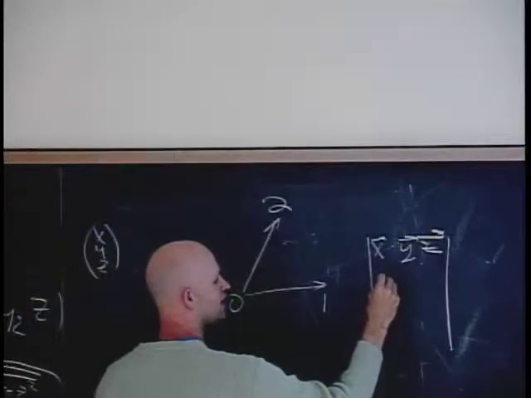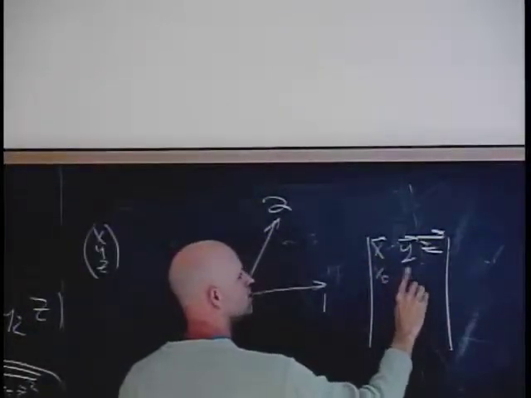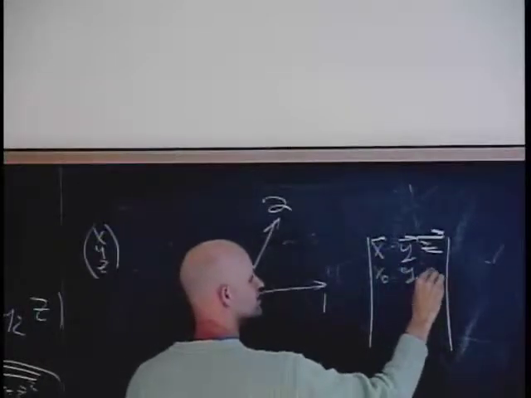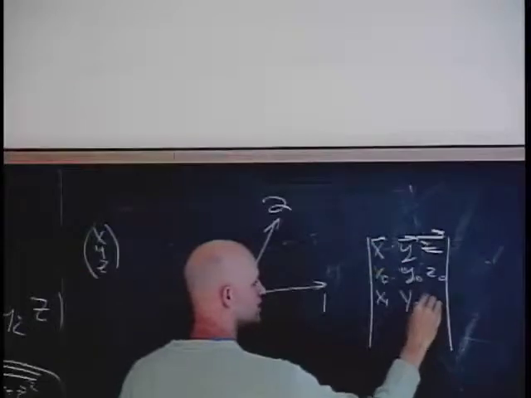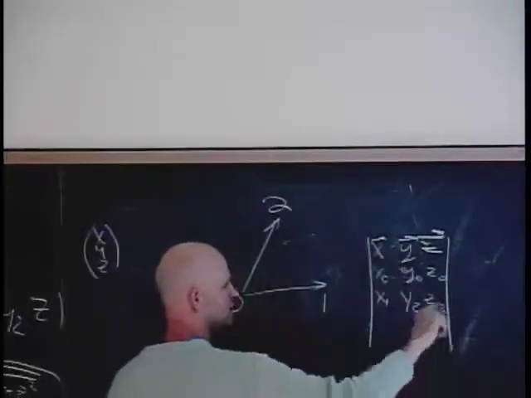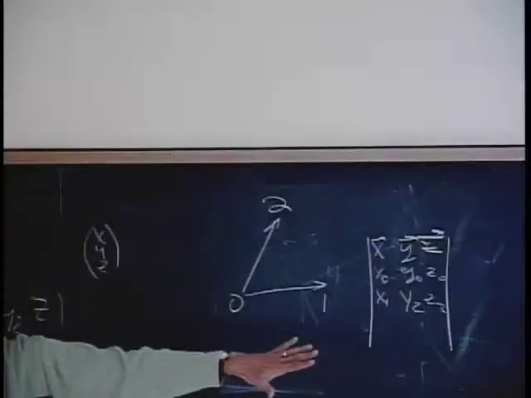Then you have x0, y0, z0. I haven't done vector algebra in a long, long time. x2, y2, z2. And then you multiply that way and subtract off that way. That's what we're actually doing here.